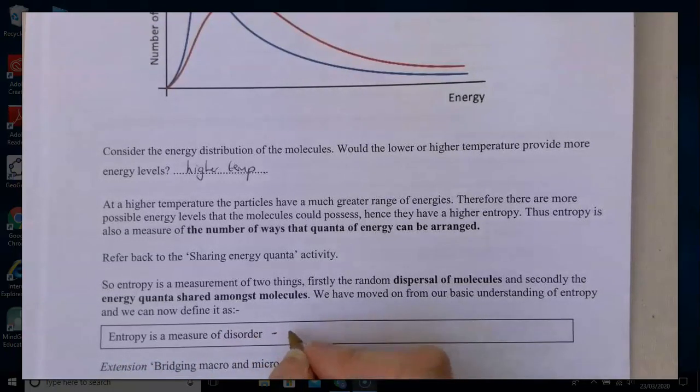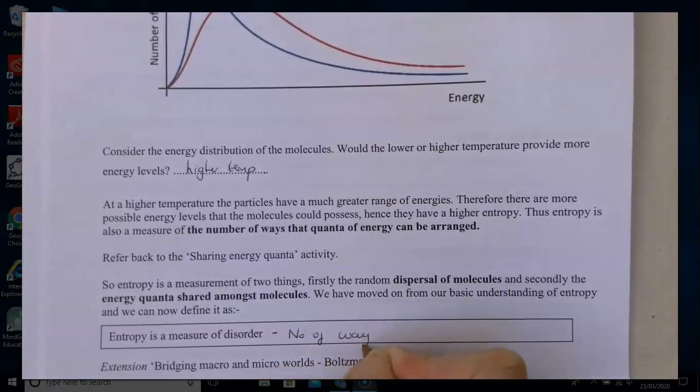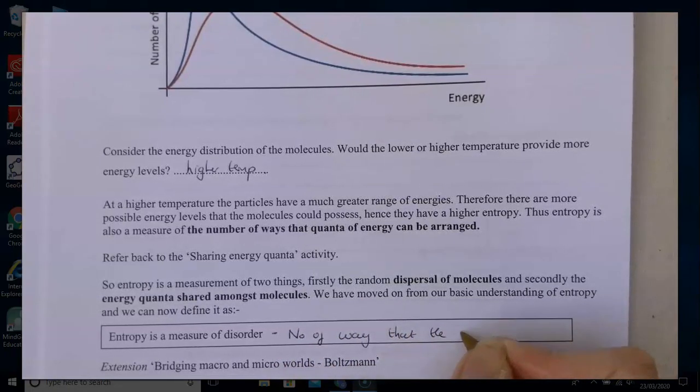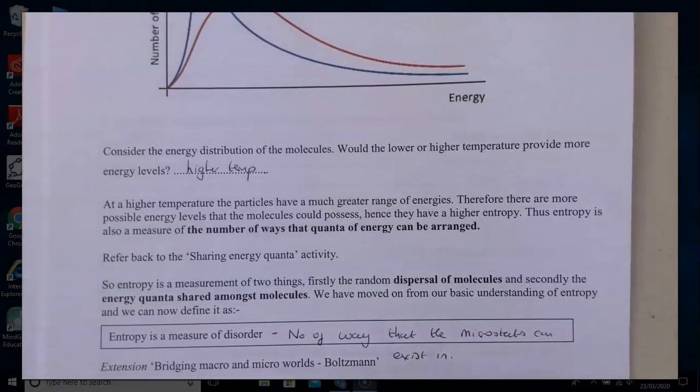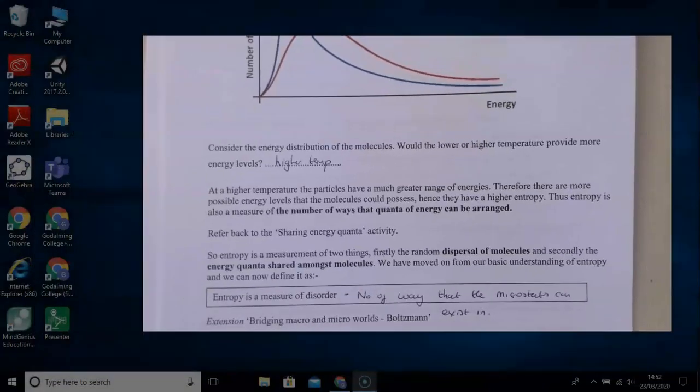I prefer to think of entropy as the number of ways that the microstates can exist in. Okay, so just the number of ways that we can arrange things.